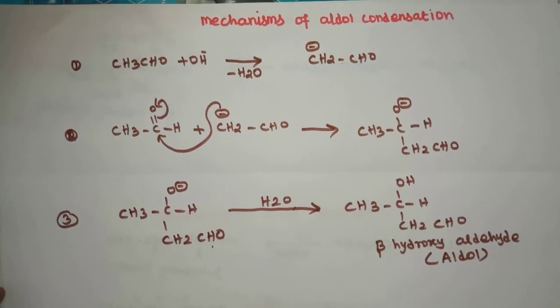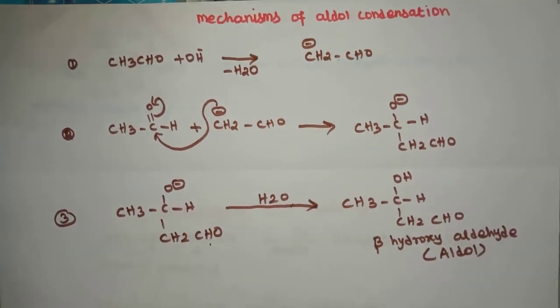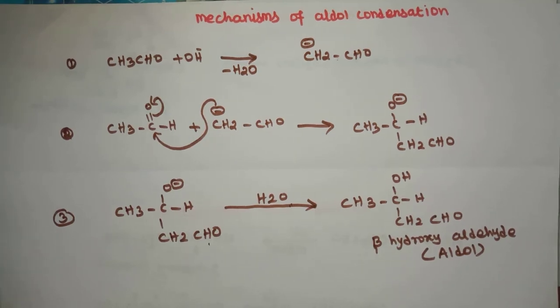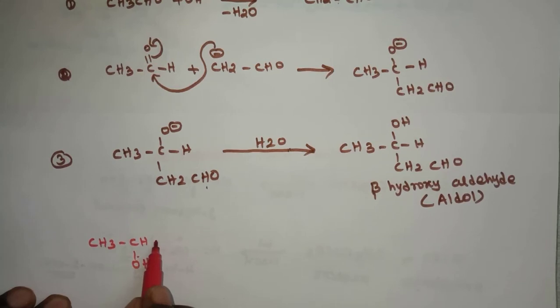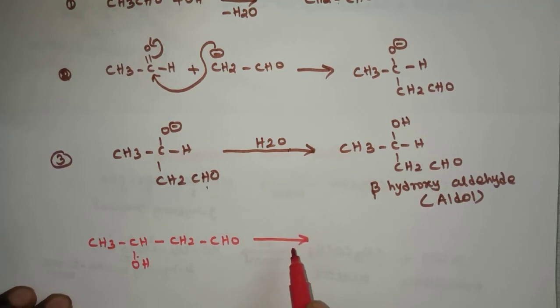Aldol rapidly undergoes dehydration on heating with acid to form an alpha beta unsaturated aldehyde. This aldol is unstable, CH3CHOHCH2CHO. This aldol rapidly undergoes dehydration on heating with acid to form an alpha beta unsaturated aldehyde.